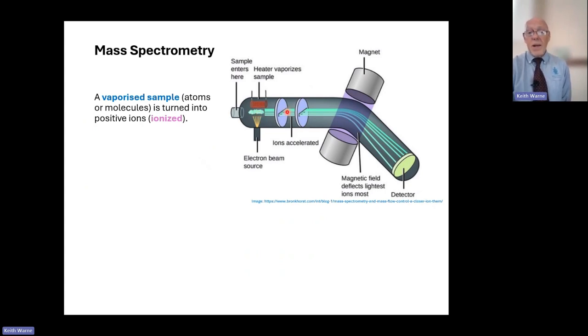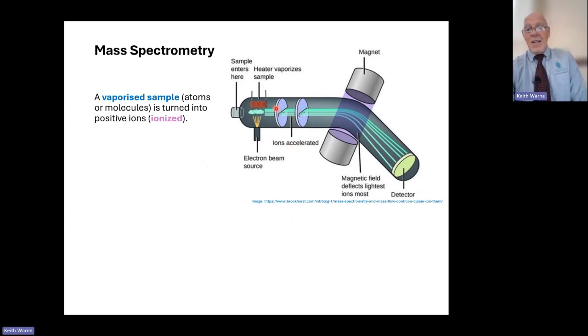They're attracted to this plate. They shoot across to that plate, but the plate's got a hole in it. So they shoot across to the plate because the plate's positive, let's say. They go through the plate, and these two electric plates accelerate them even faster. So now they make the ions move really fast through this tube. Does that make sense? So these electric plates accelerate them.